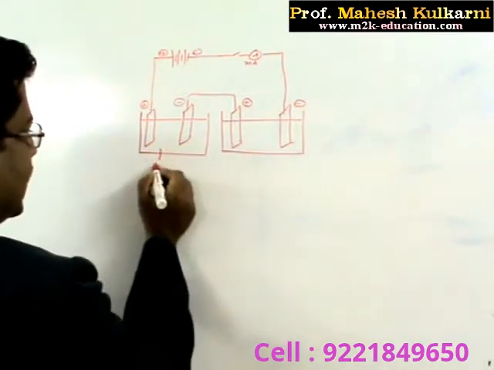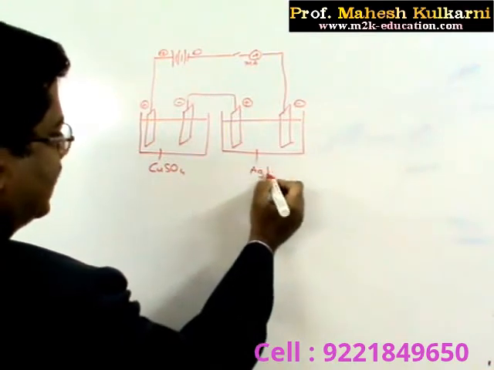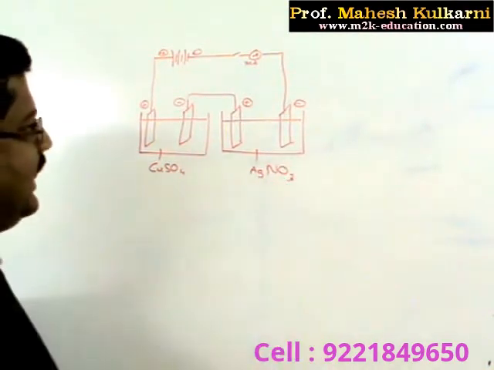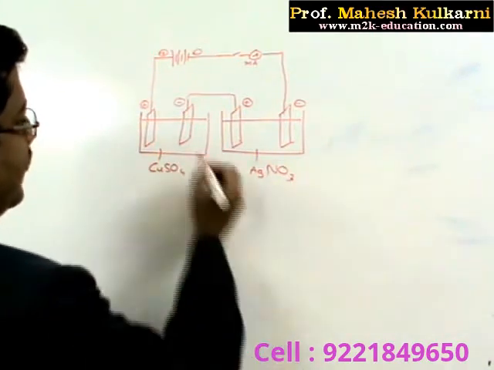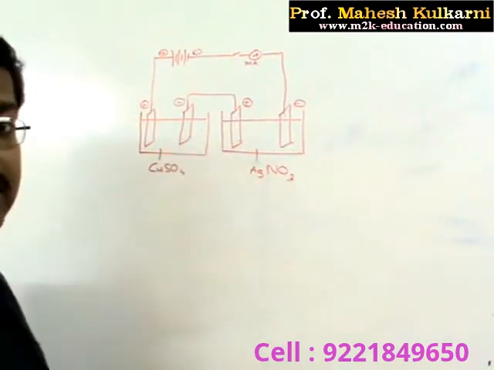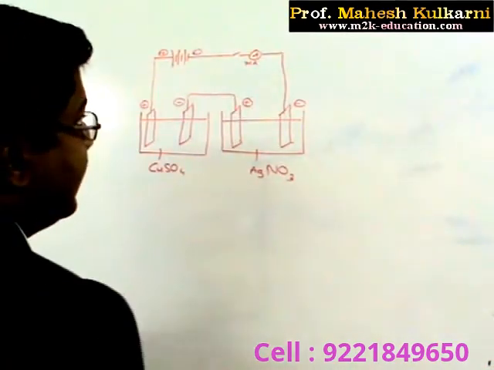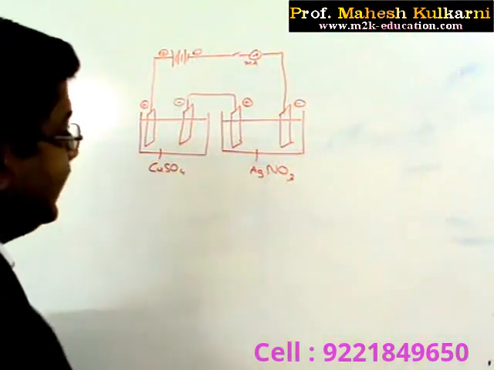Suppose this solution contains copper sulfate and this contains silver nitrate, and we carry out electrolysis. Then the weight of copper deposited on the cathode and the weight of silver deposited on the cathode will be directly proportional to their equivalent weights.